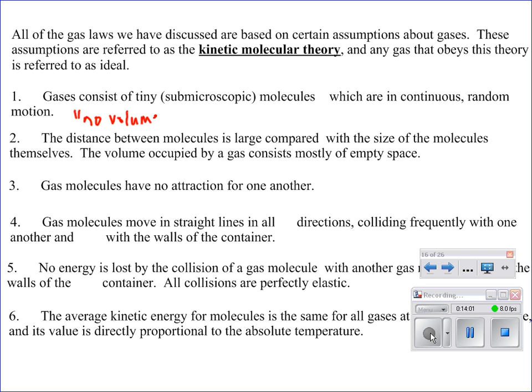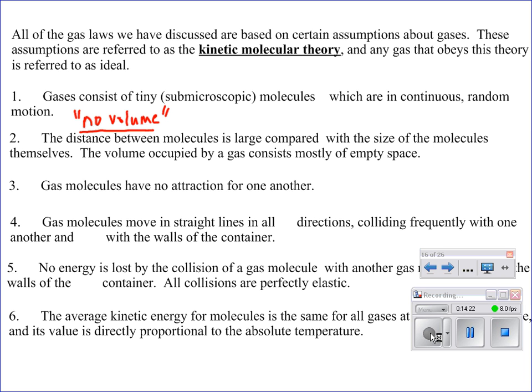They're kind of just points in space. So gas molecules are supposed to be ideally super, super small. And we're going to delve into this more tomorrow when we talk about the van der Waals equation. The second says the distance between molecules is large compared with the size of the molecules.